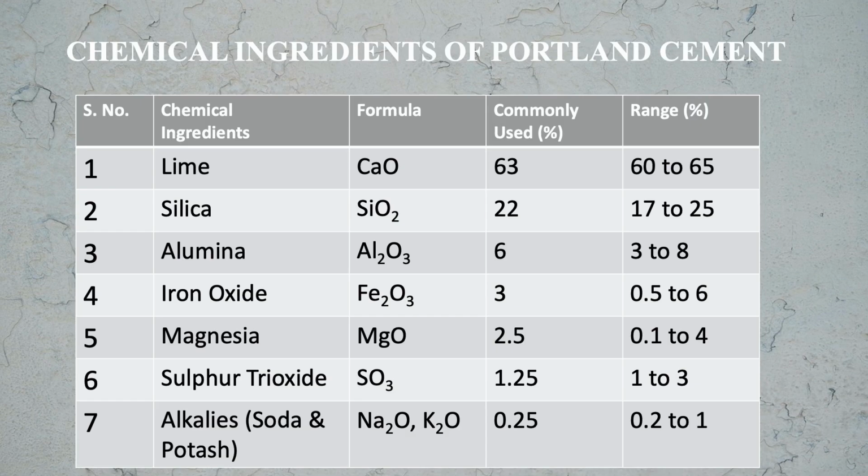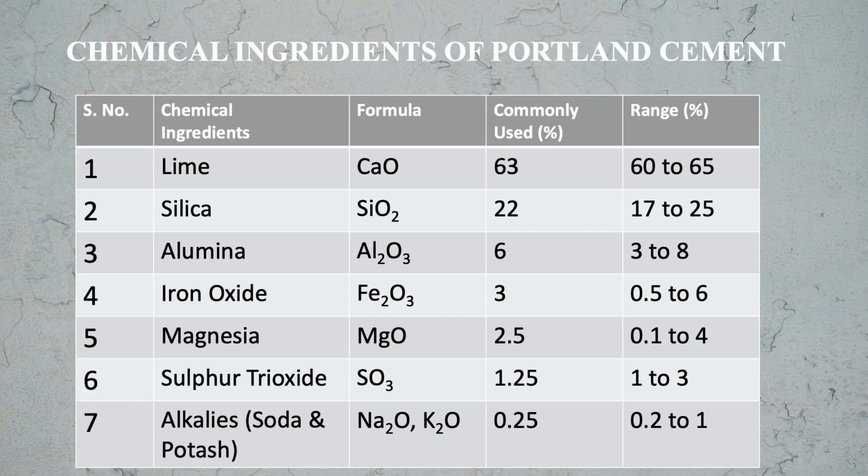Silica, having chemical formula SiO2, is used 22% in this total material and the usual range is 17 to 25. Alumina, which has chemical formula Al2O3, 6% of it is used in this powder and general range is 3 to 8%. Iron oxide Fe2O3, 3% is generally used but range is 0.5 to 6%.